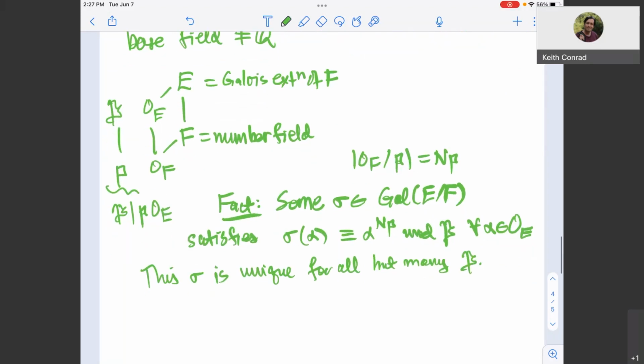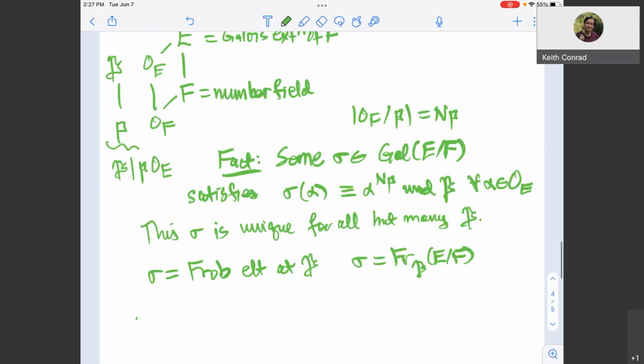And so this is called the Frobenius element. When that happens, when there's only one choice, sigma is the Frobenius element at the prime upstairs. So we might write it as the Frobenius element for this field extension. And if we think about it in terms of the prime ideal downstairs, as you vary the prime ideal dividing it upstairs, the Frobenius elements vary over the same prime ideal downstairs, and you get conjugate elements. You get a conjugacy class.